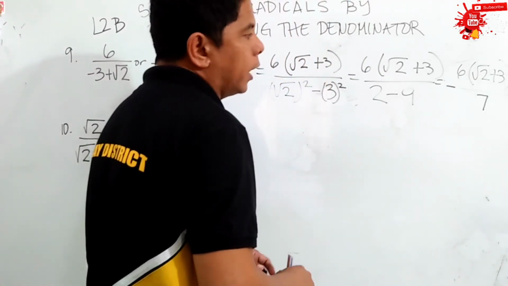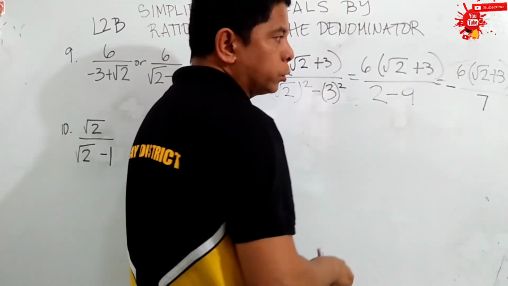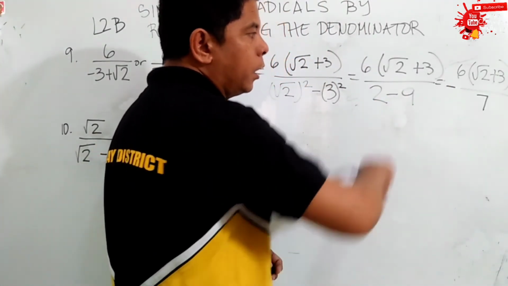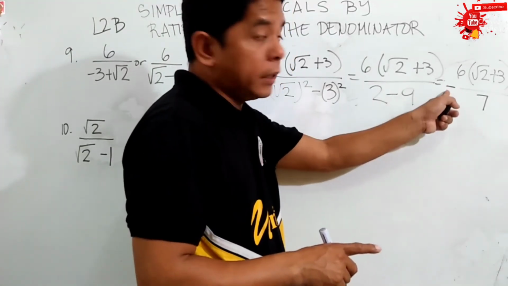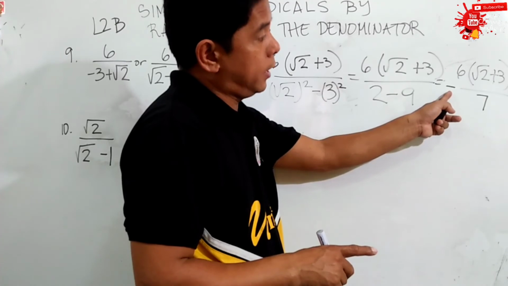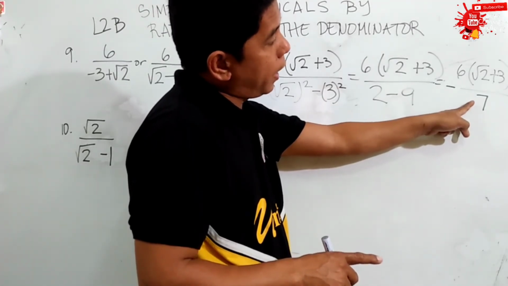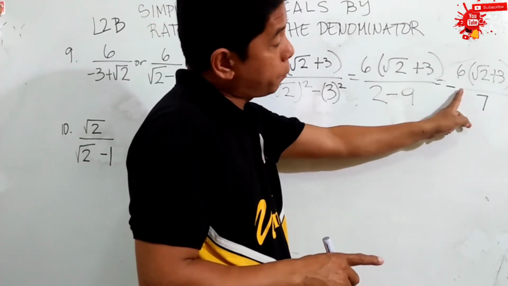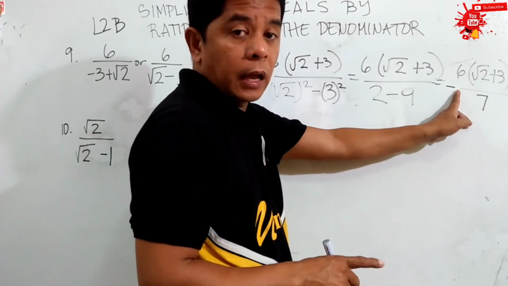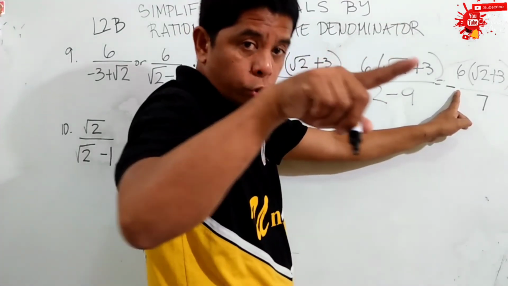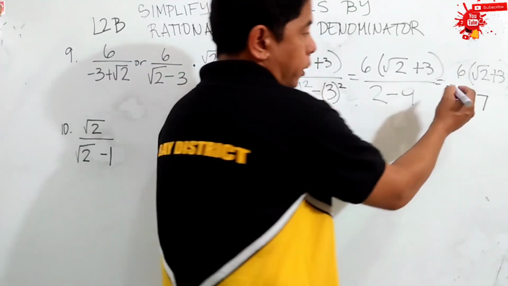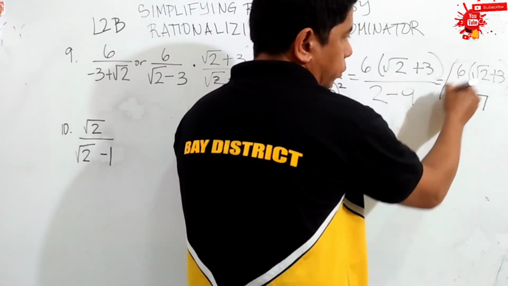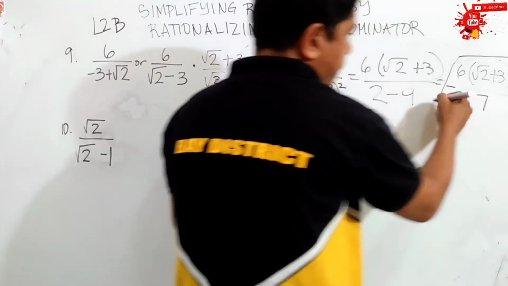Ang sagot po natin ay negative 6 times the square root of 2 plus 3 over 7. Okay? Negative 7, pwede nating ilagay sa gitna kasi kapag may negative sa baba, pwede nating ilagay sa gitna ng division symbol o sa harap ng fraction. Ito po yung sagot natin for number 9.